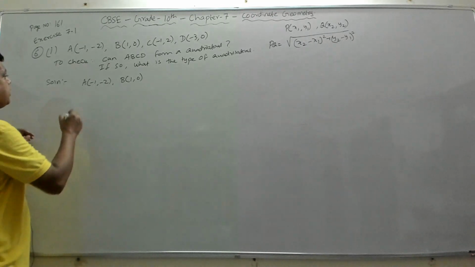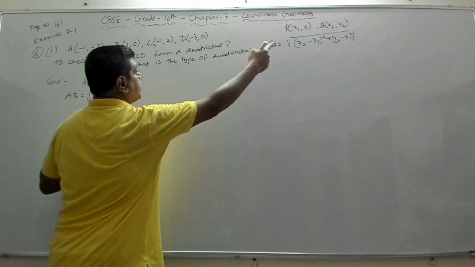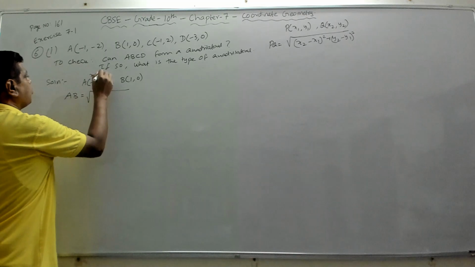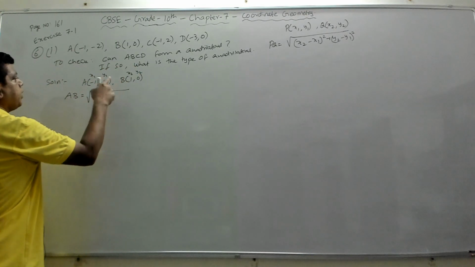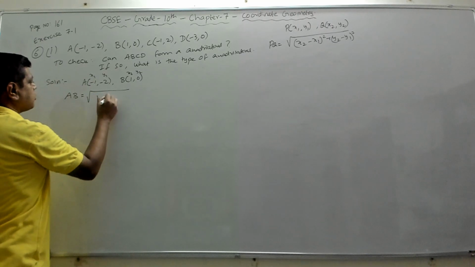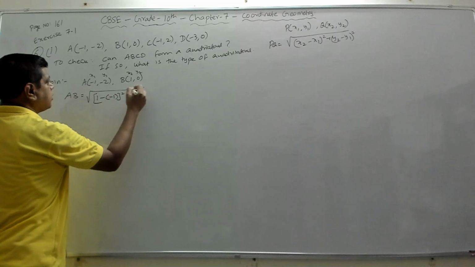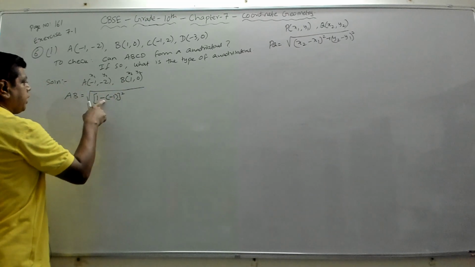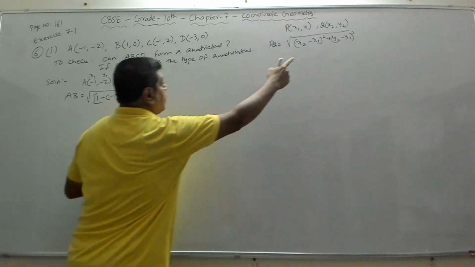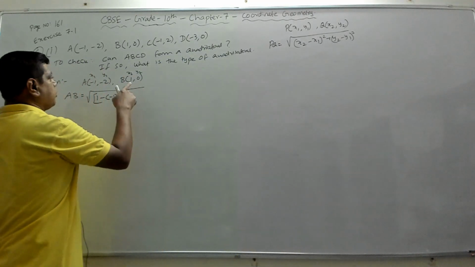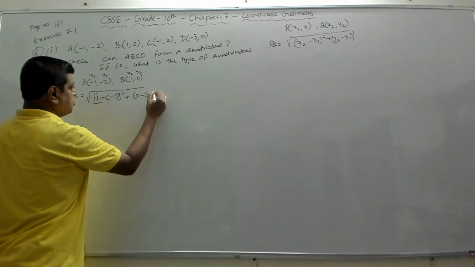AB is the square root of (x2 minus x1) the whole square, so (1 minus of minus 1) the whole square, plus (y2 minus y1) the whole square, so (0 minus of minus 2) the whole square.